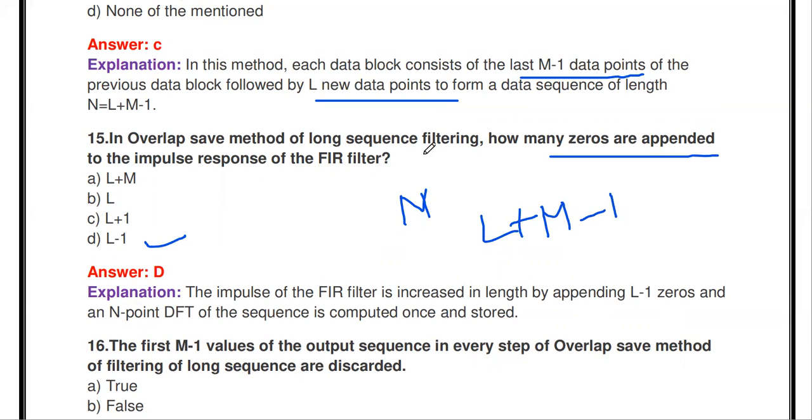In order to perform the circular convolution of the sectioned input with the impulse response, both sequences must have the same length. That's why the impulse response is appended with L minus 1 zeros.